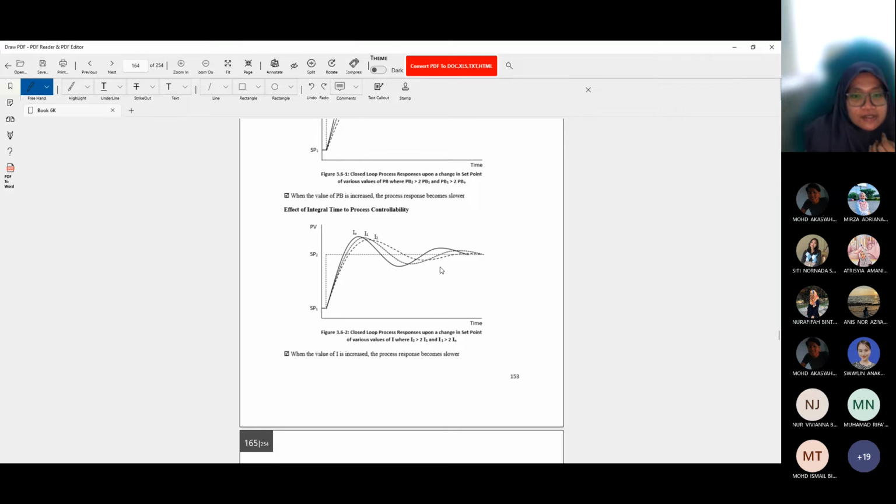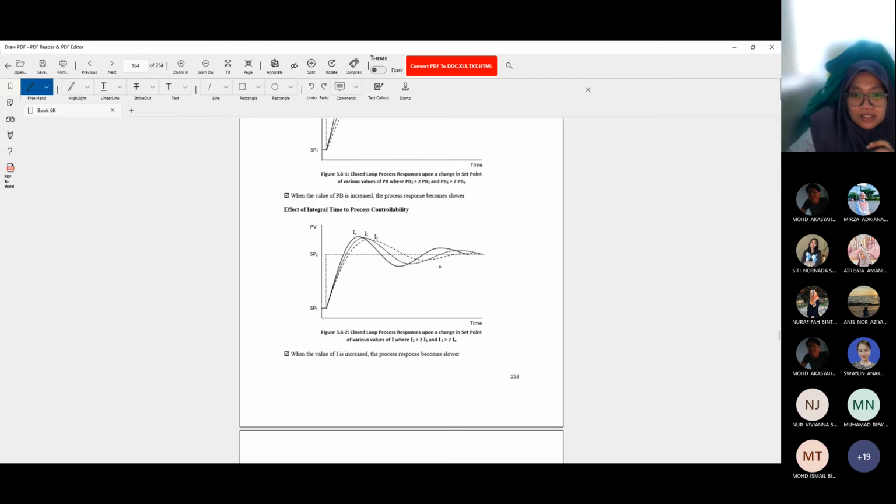So same goes to I lah. Kalau I increase, sebab I dengan PB, the relationship with MV tu inversely proportional. So bila dia inversely proportional, when we increasing the value of I and PV, it can cause the action of MV to slower.